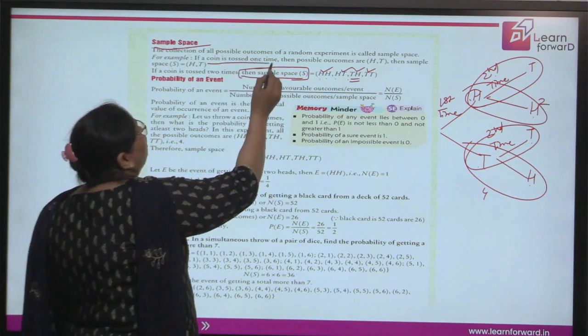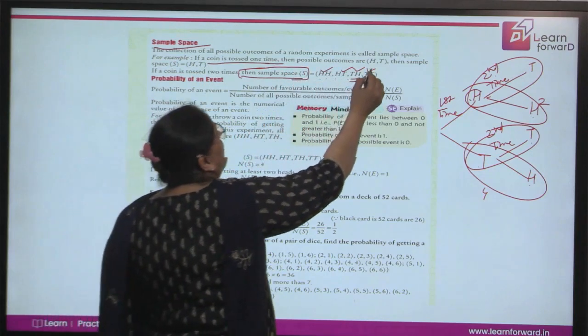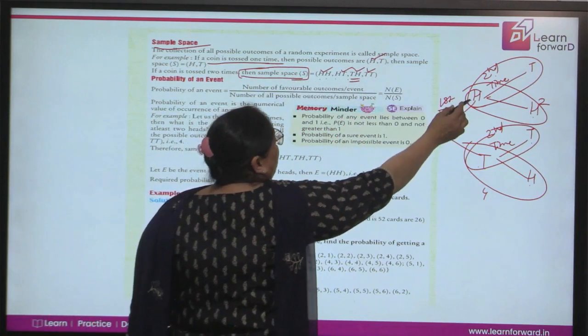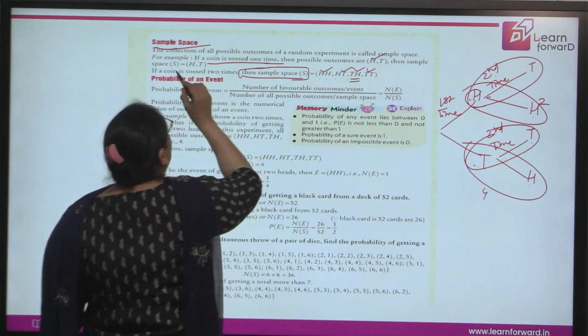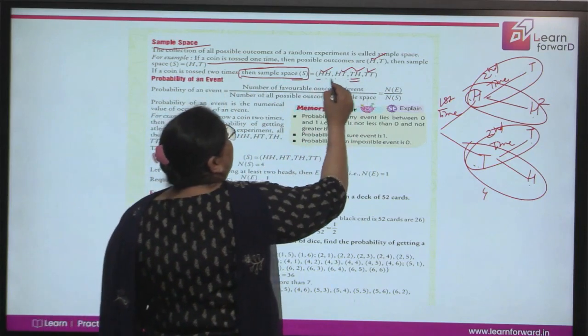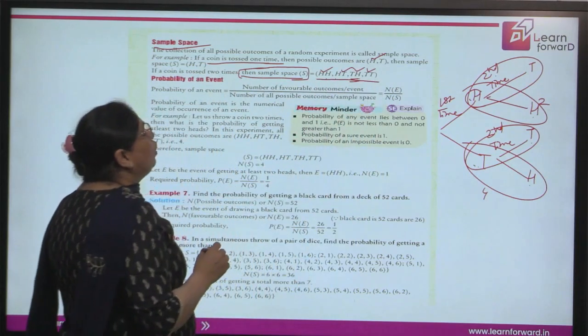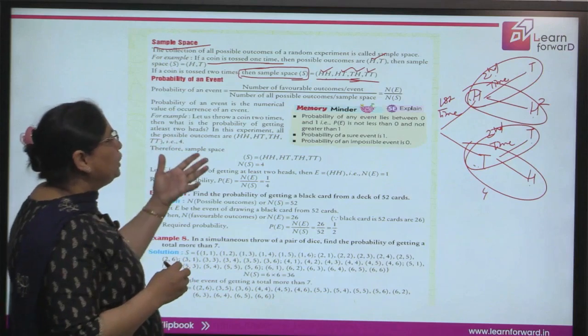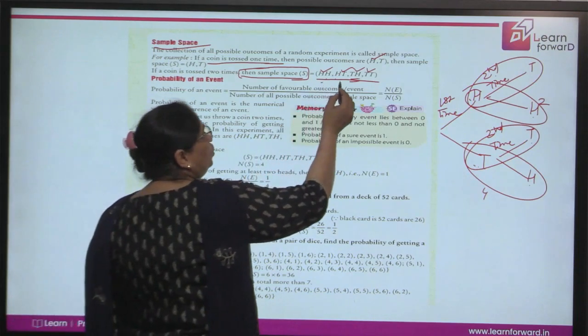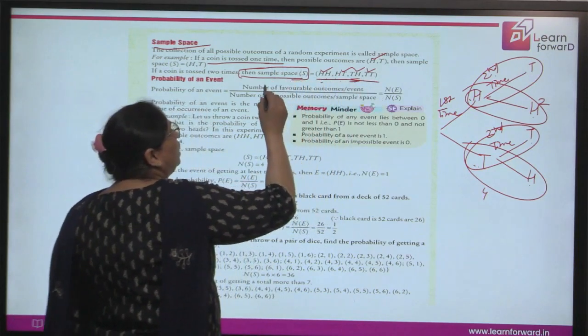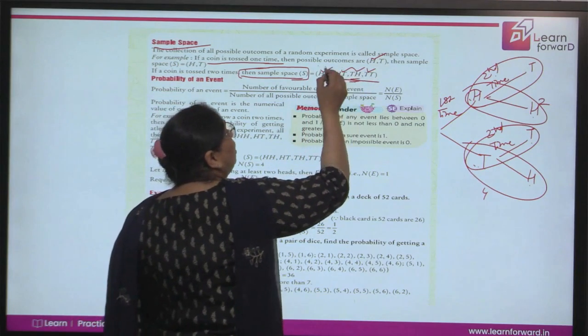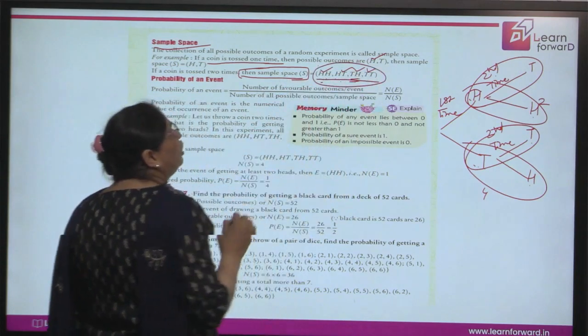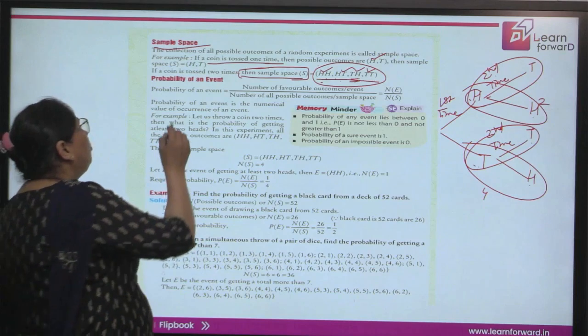If a coin is tossed one time, the possible outcomes are head and tail. For 2 times, these 4 cases are the possible outcomes, and if we represent them together, it is the sample space.